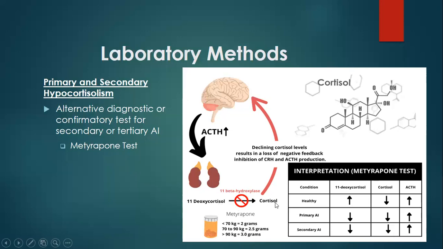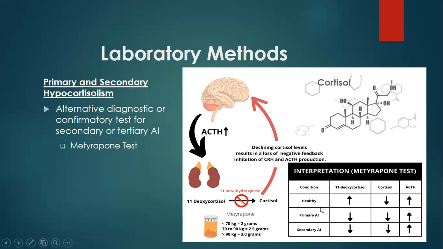This decreased cortisol level would release a negative feedback to the pituitary gland and hypothalamus, thus causing increased synthesis and secretion of ACTH and corticotropin releasing hormone by the anterior pituitary gland and hypothalamus respectively.